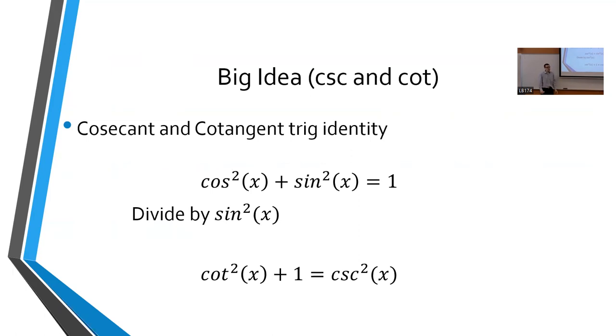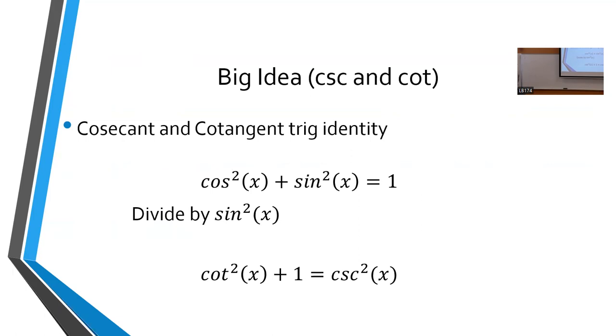And also the derivatives of cotangent and cosecant are linked in a very similar way to the way derivatives between secants and tangents are linked.